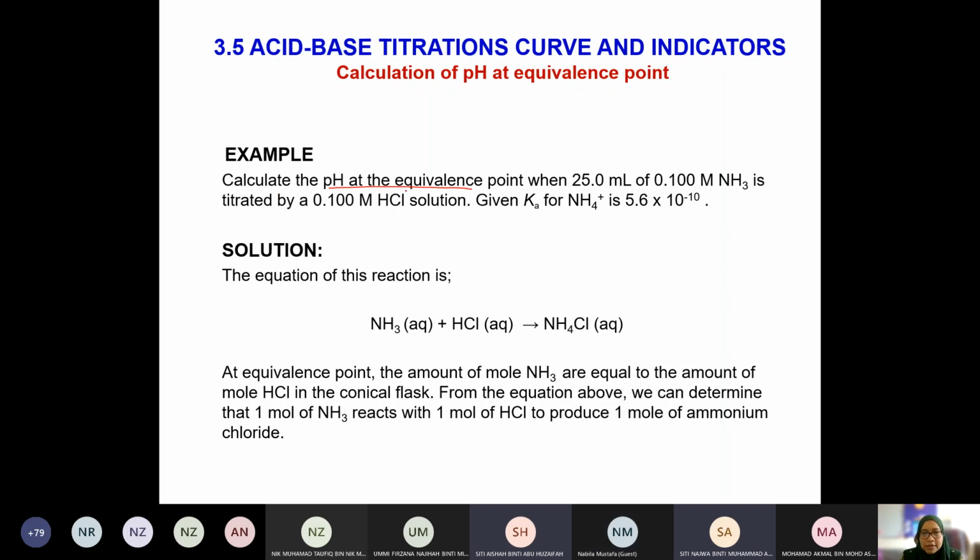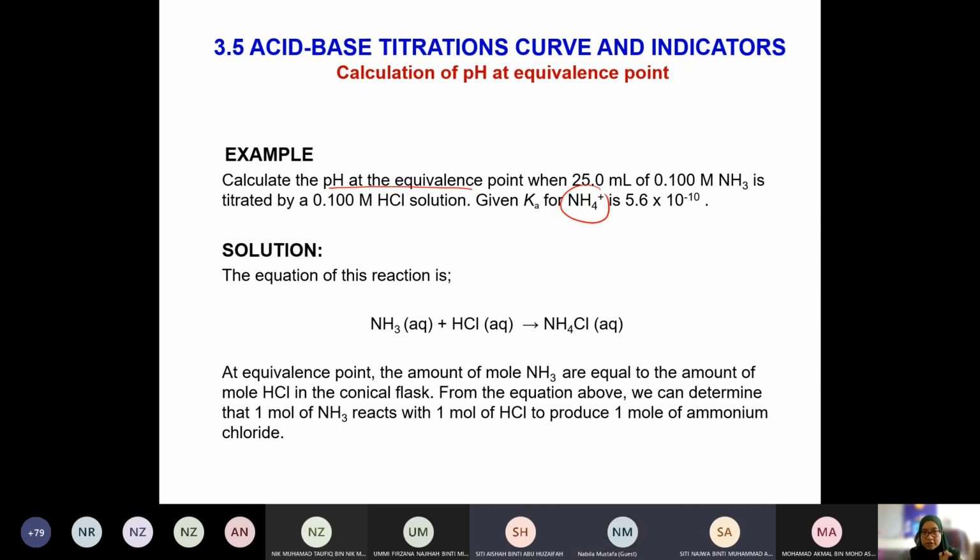Okay, calculate the pH at the equivalent point when 25 ml of 0.1 molar ammonia is titrated by 0.1 molar HCl solution, given the Ka of NH4 plus is 5.6 times 10 to the power of negative 10. Okay, so let's just be prepared, guys. We know that at equivalent point, all the acid and all the base will be fully neutralized.